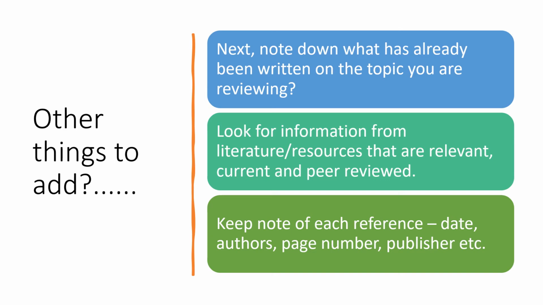Make sure the literature is current. You might find some that was done years ago, and researchers have built on that past paper, but make sure you find the papers that are much more current. Keep note of each reference as you go. What was the date of the publication? Who are the authors? Are there any page numbers you want to flick back and refer to in your review? Publisher, etc.